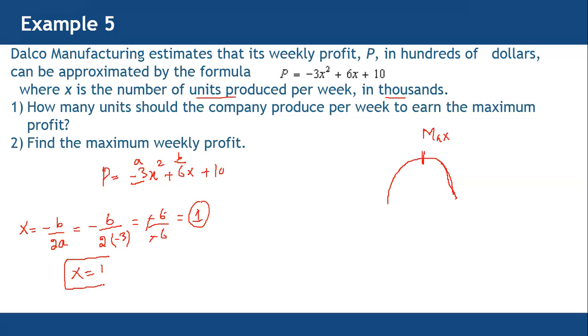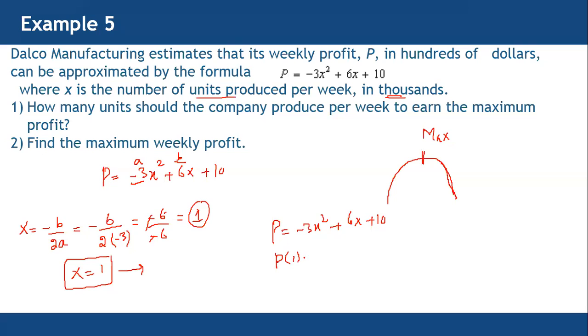1. And x is the number of products per week, but these are in thousands. So you can say that when we have 1000 products per week, we can maximize our profit. When you manufacture 1000 units, what will the profit be? Put this value of x in the function: P equals minus 3x square plus 6x plus 10, where x is equal to 1.